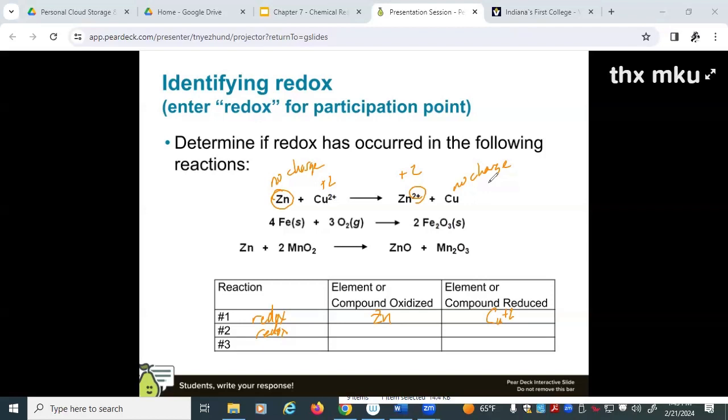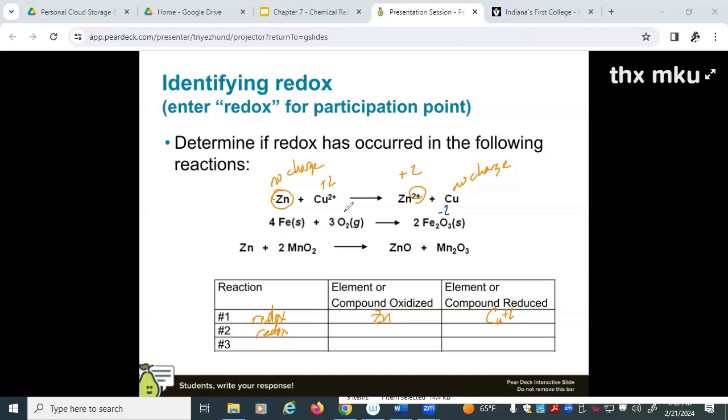What charge does oxygen take when it makes ionic compounds? What does the periodic table tell us? Yeah. It's in group 16. Everything in group 16 has a -2 charge. So oxygen, we would expect -2. So it went from 0 charge to now it's -2.